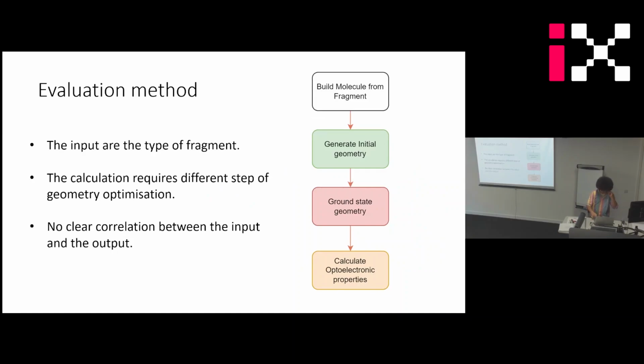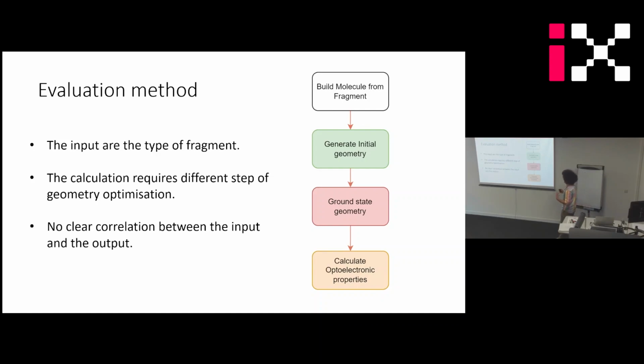In terms of the evaluation method, first you build your molecule, then you need to do some quantum chemical calculation that I was talking about just before, trying to solve the Schrödinger equation with some approximate method.